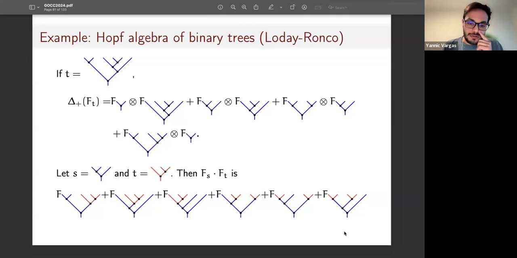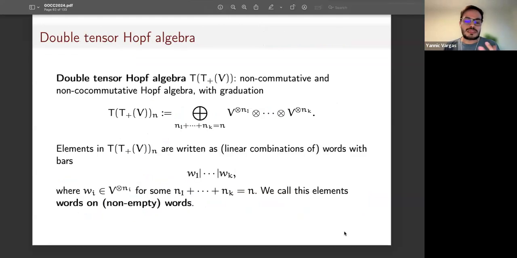Now the Hopf algebra that I'm going to need in this talk is a little bit more elaborate. It's called the double tensor Hopf algebra. But instead of showing you all this formula, let me show you some examples. This Hopf algebra consists of a product and a coproduct, and it's called the double tensor algebra because of the construction. You start from a vector space V, you take the tensor product, and then you take the tensor again. Combinatorially, you can think of that as a vector space of words on non-empty words.